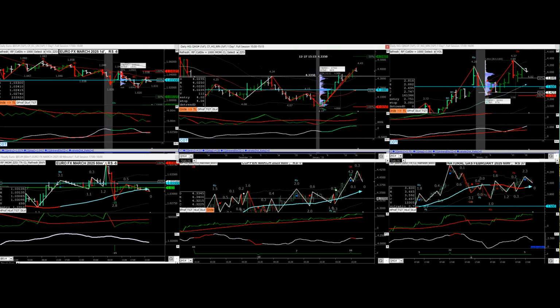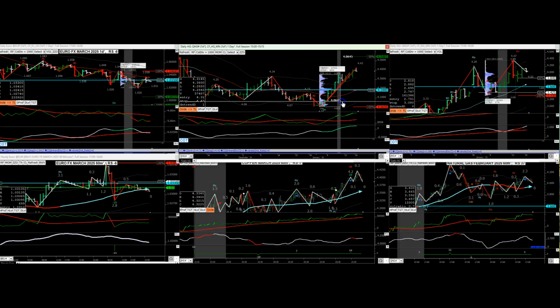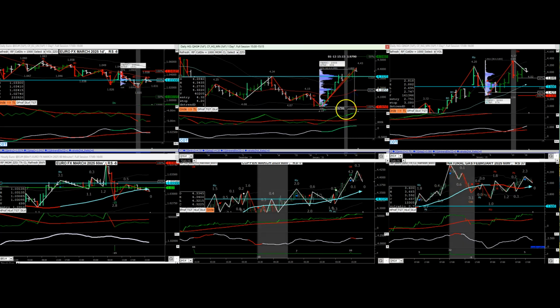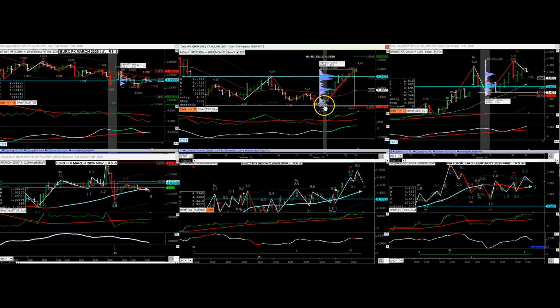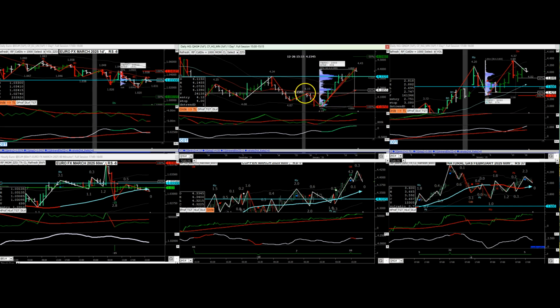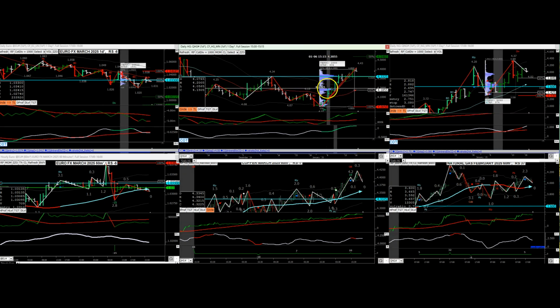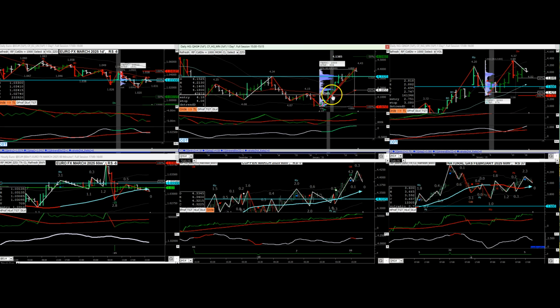So when I am looking at this over here, what do I see? I see when price went down, there was buying activity here, right? There's buying activity here. And then when it went up, when it tried to break resistance, there's a hell of a lot of buying activity.